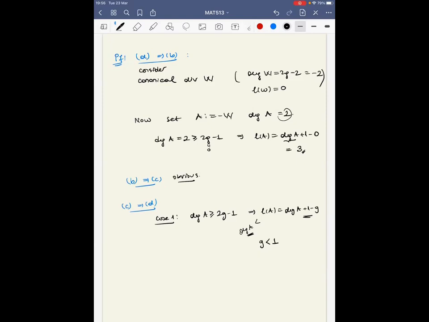On the other hand, we know that the genus is always non-negative, and this shows us indeed the genus is 0 and the dimension of A is exactly degree A plus 1.